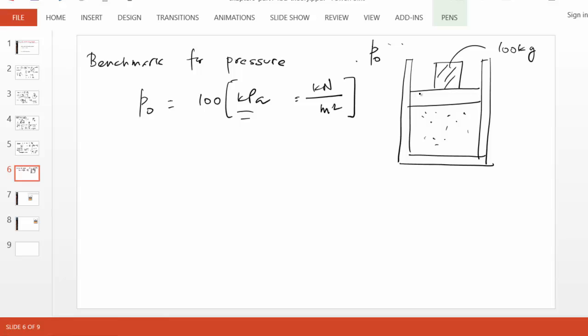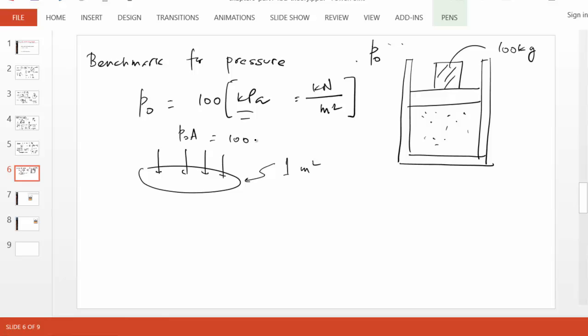That means if I have a plate of 1 meter square area, then the atmosphere will be pushing it down by a force of P0 times A, which is 100 kilonewton. And it is the same as if there are 100 football players standing on the plate. Think about it. That's equivalent.